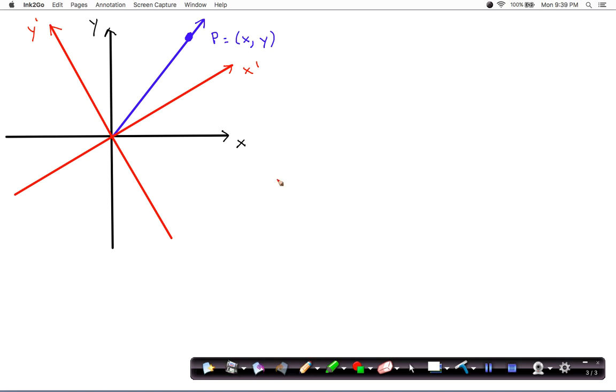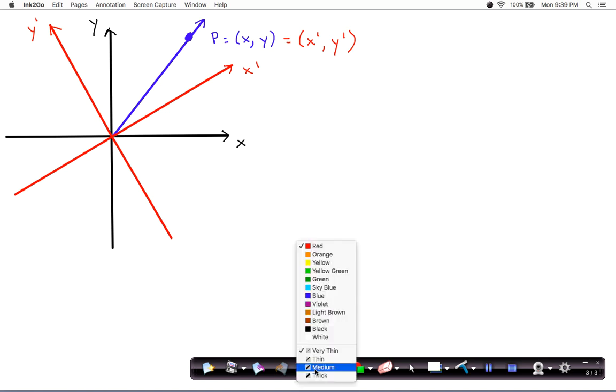Let's add a few more things here. What we're basically trying to do is convert from these xy coordinates in the xy plane to alternate coordinates in the x prime, y prime plane. So in the x prime, y prime plane, the coordinates of the point would actually be x prime, y prime.